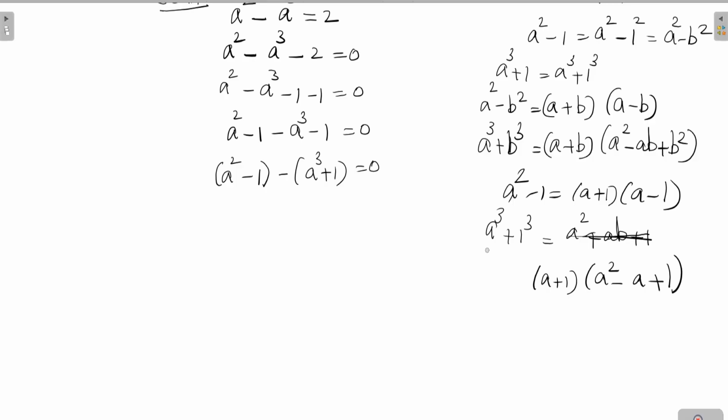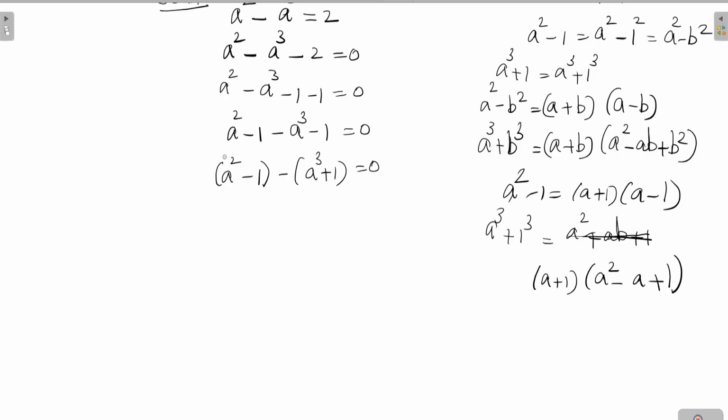Because a is a and b value is 1, so be careful, a square minus a into 1 plus 1 square. So these are the factors.